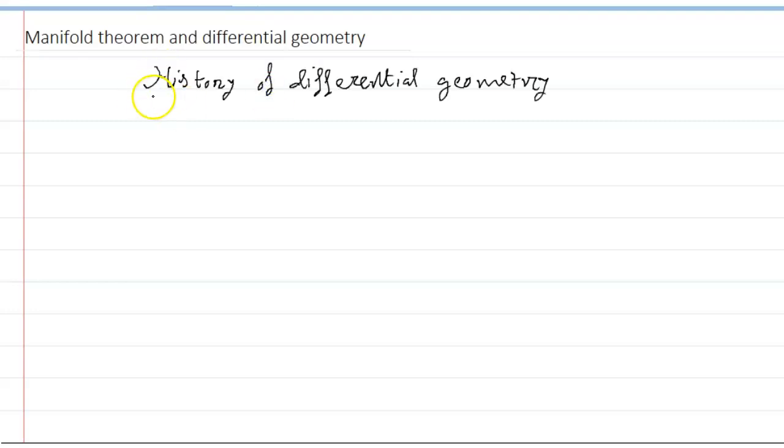The history of differential geometry. So friends, first we need to learn Euclidean geometry.